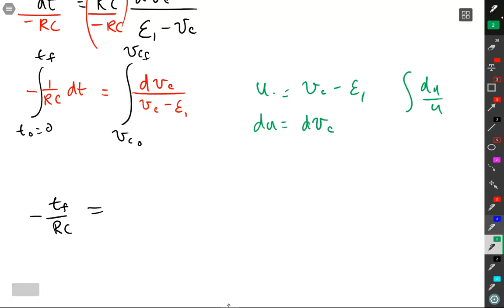So the right-hand side of this is going to be natural log of u final. Well, since u is VC minus E1, that's going to be VC final minus E1 over u initial, which should be V initial minus E1.